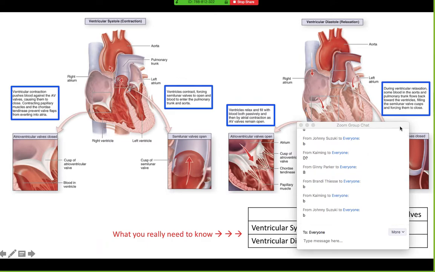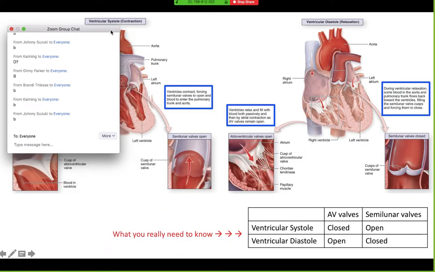Okay. So I broke this slide down to just the main thing you need to understand right now: during ventricular systole, the semilunar valves are open, so blood is leaving the ventricles, and the AV valves are closed, so there isn't any reflux of blood back into the atria.